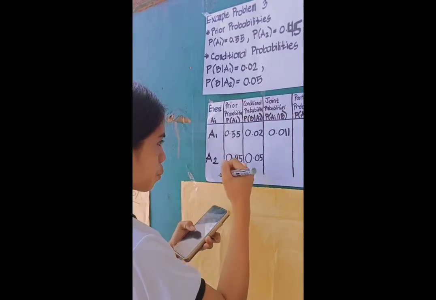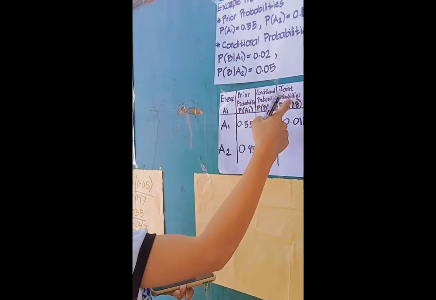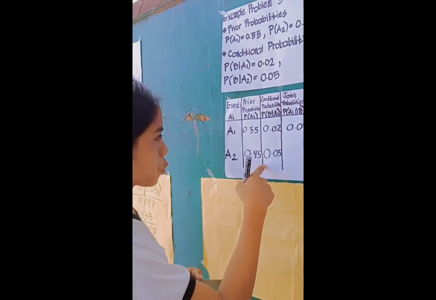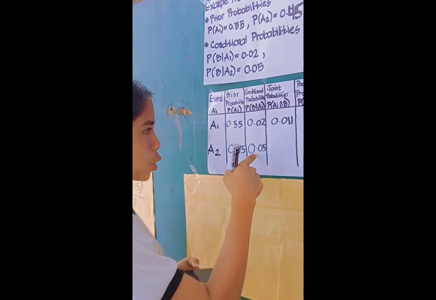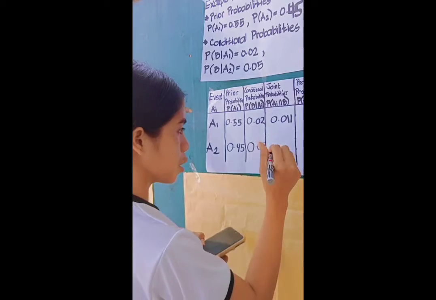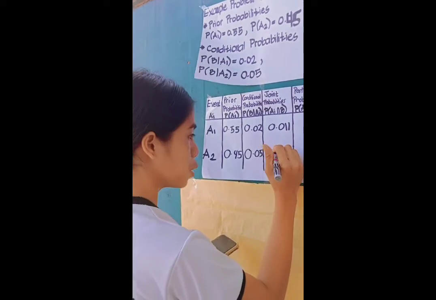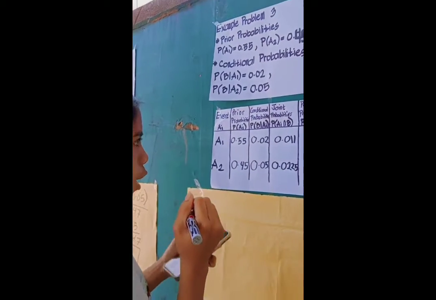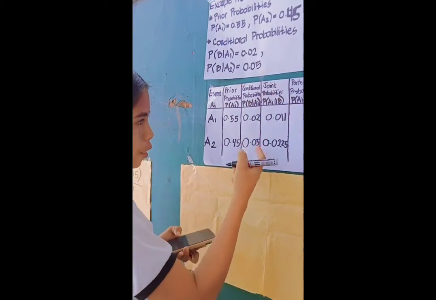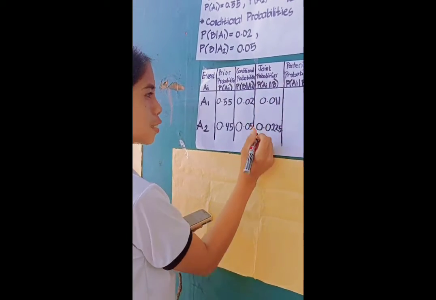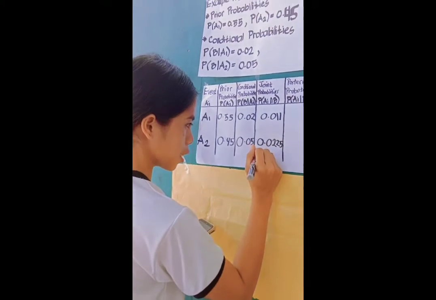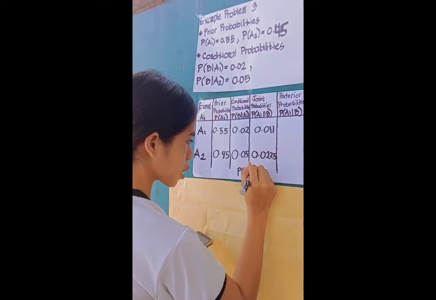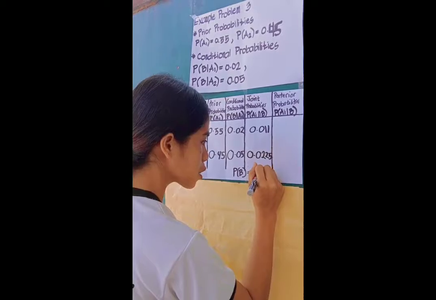For the A sub 2, to get the joint probability, same as A sub 1, we multiply 0.45 by 0.05. The result is 0.025. Then we add these, and the total is the probability of B.